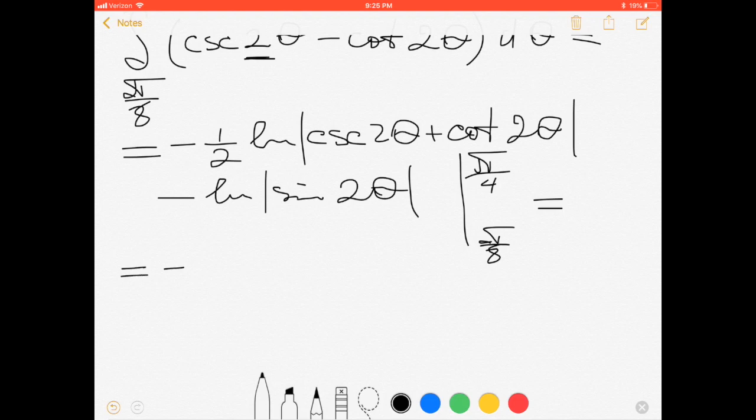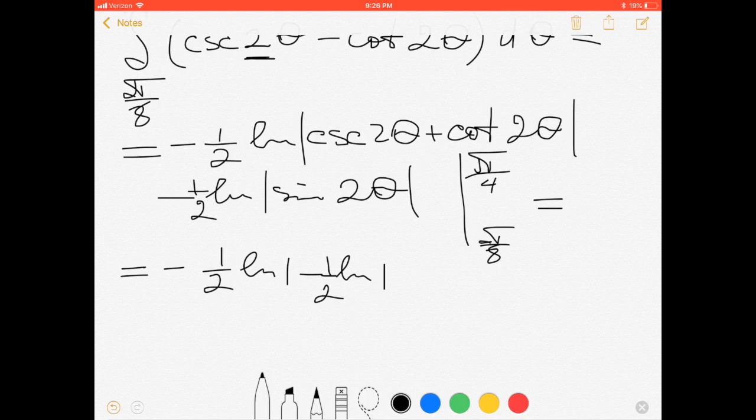This means here I have minus 1/2 natural log 1. Then I plug in pi over 4 into sine, and here we have one more mistake, it is 1/2 natural log 1.